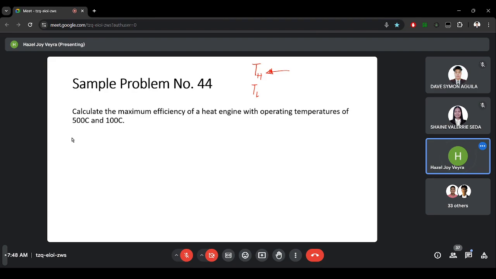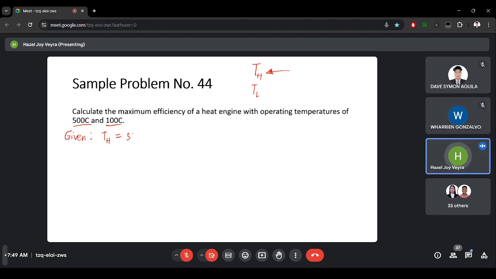So let us write the given data. So in here, we have 500 degrees Celsius and 100 degrees Celsius. So which is our T sub H? What is our T sub H, class? 500.